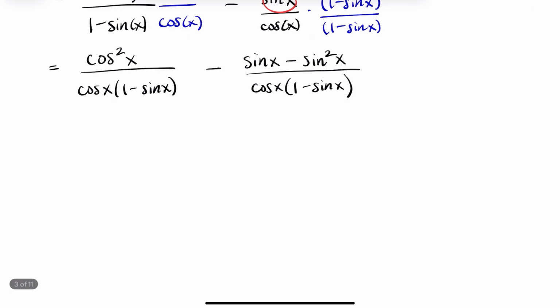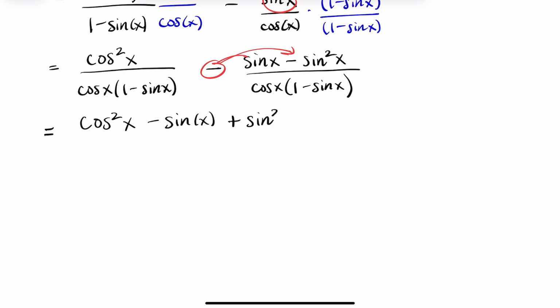Now they have the same denominators, so I can combine the numerators. I'm going to subtract these numerators. Notice when I subtract, I need to distribute this negative to both of these terms. So I'm going to get cosine squared x minus sine x plus sine squared x all over the LCD.